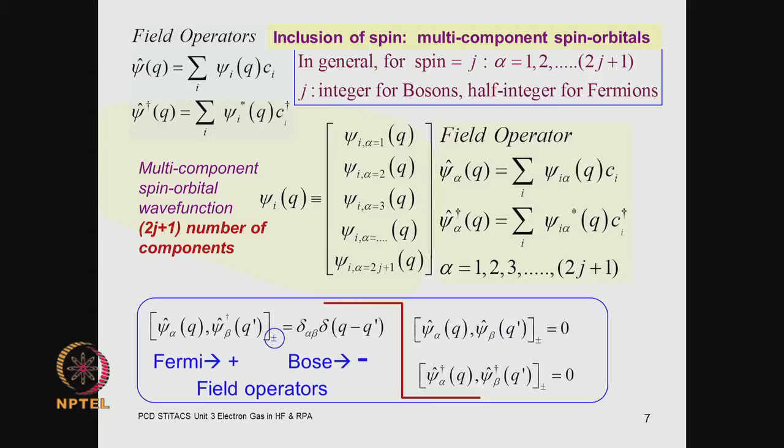Yes. Is that a tensor product, that psi q ci? Which one? The field operator psi q is written as a summation of psi q ci. And if psi a is a matrix written like this, then the multiplication with ci can be written as a matrix. Is that a tensor product? Yes, because ci will also have the corresponding spin components.